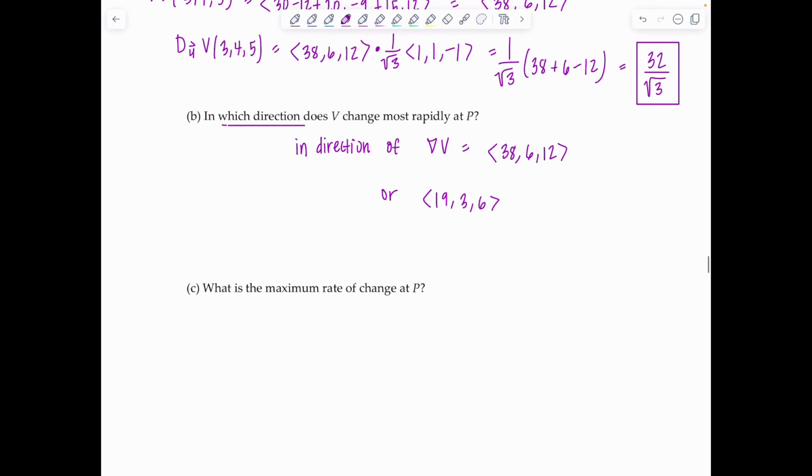Lastly, what is the maximum rate of change at P? The max rate of change is equal to the magnitude of the gradient at P. You have to use the actual components of the gradient at P, not scaled down, because the maximum rate of change is going to be a scalar quantity.